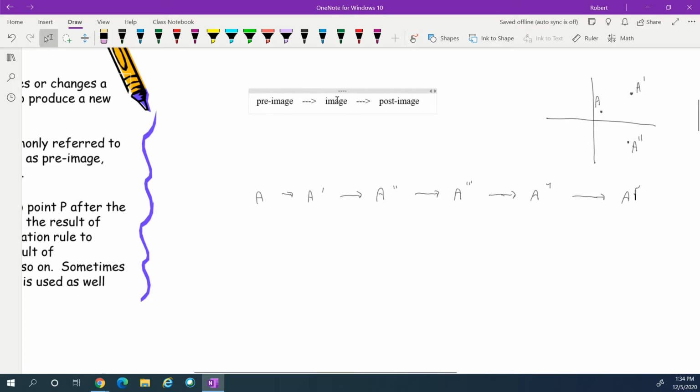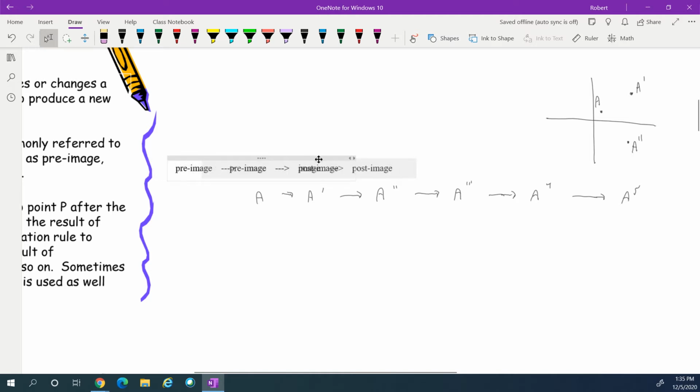Well, these words kind of just slide up and down that chain. So if I drag these words, maybe we started with the image and then we did something to it to get the post image. But now we're working on A prime. So we call that the image. And if we do something else to it, we get the post image A double prime.